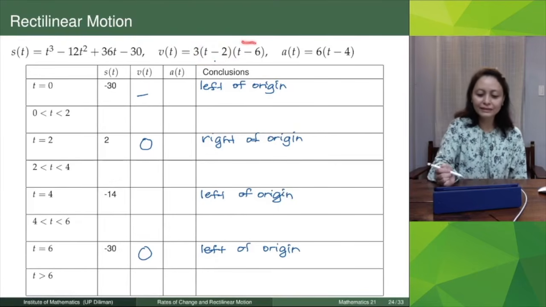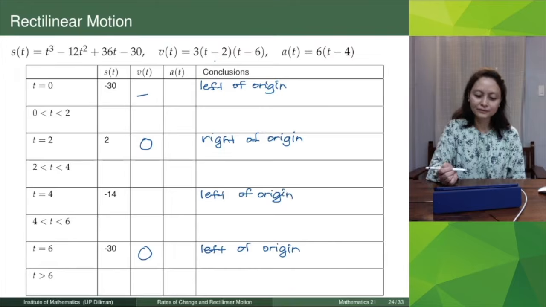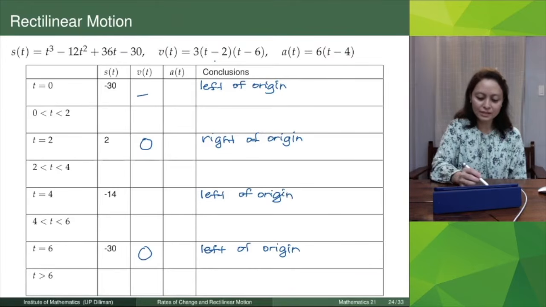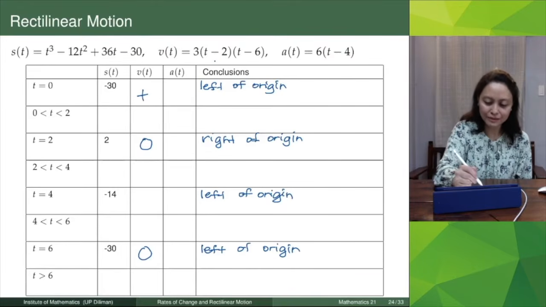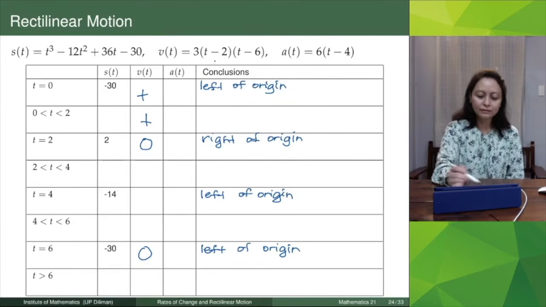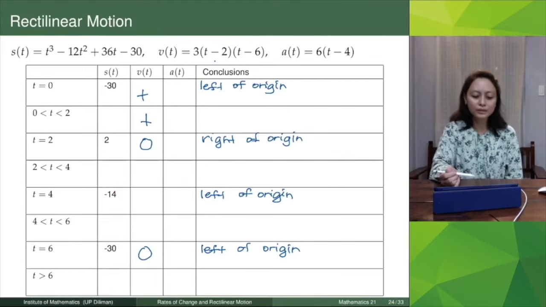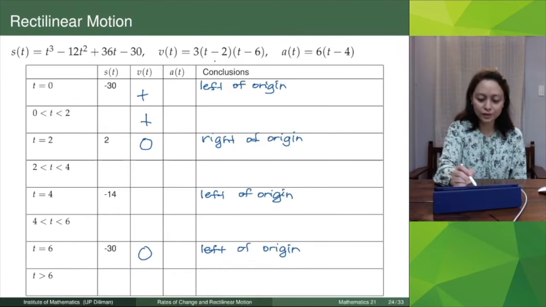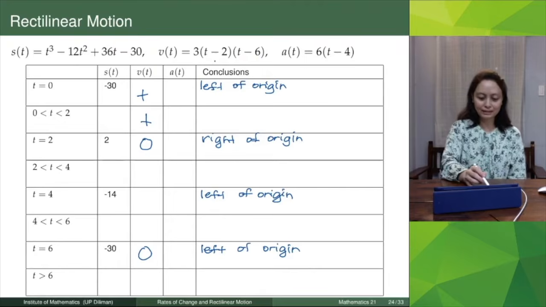Negative din to. Negative, negative. Positive. Sorry, positive pala dapat. Okay. For values of t between 2 and 6, okay, if you substitute 4 minus 2 is positive. 4 minus 6 is negative.